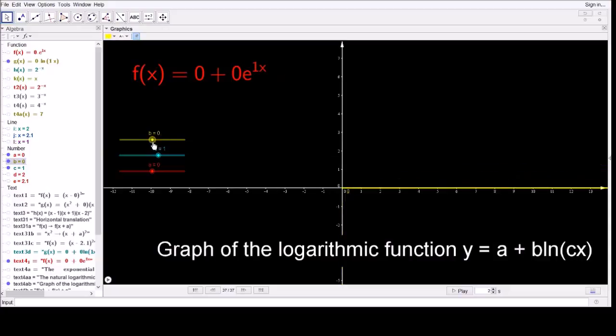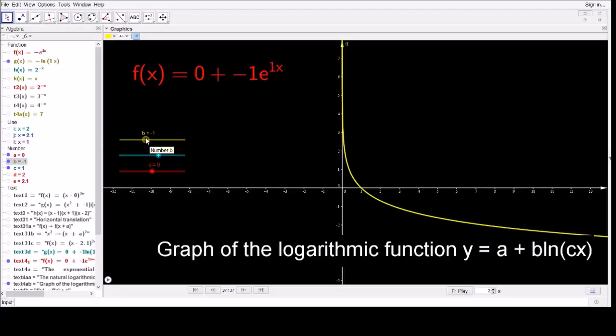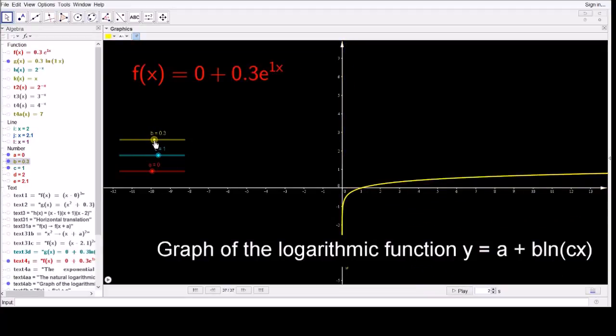As we reduce the value of b, when it becomes negative, we'll see that we get a reflection in the x-axis. So when b is negative 1, it's the reflection of log of x in the x-axis. As b becomes more negative, the curve slopes downwards more steeply. We'll set that back to 1.